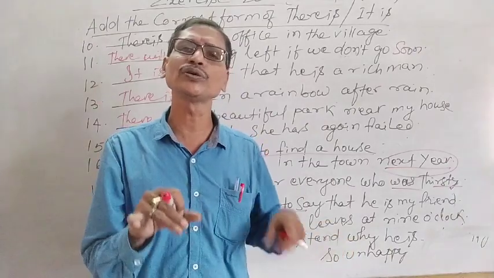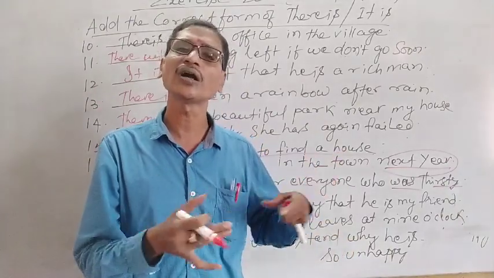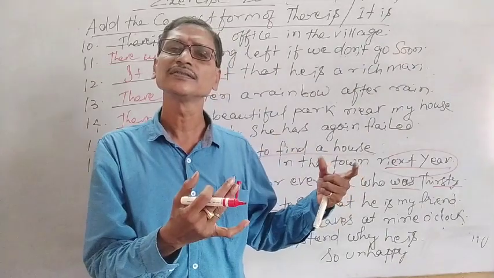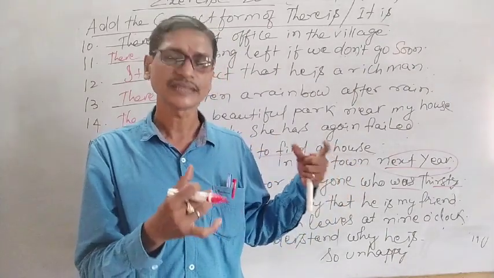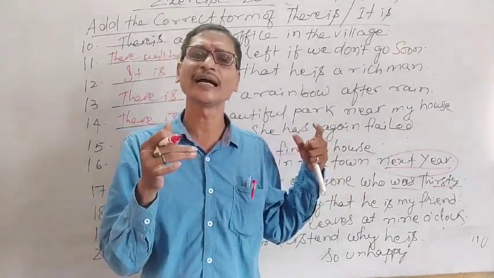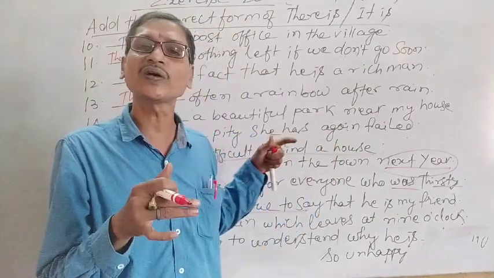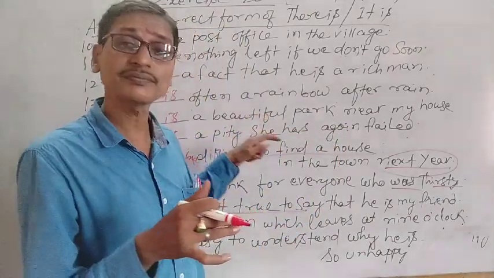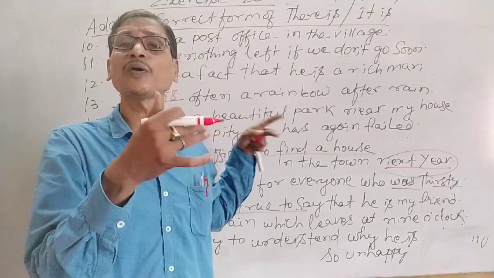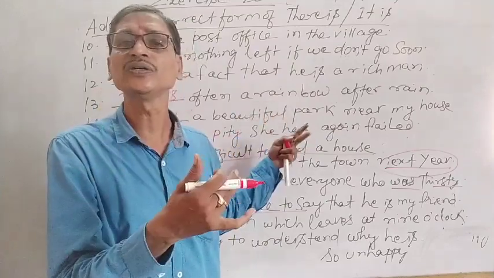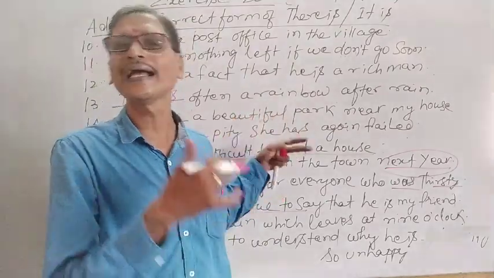We also use 'it' to introduce a clause or a phrase. Understand? Again we understood it is talking about expressing. 'It is' is always followed by an adjective. 'There is' is always followed by a noun.